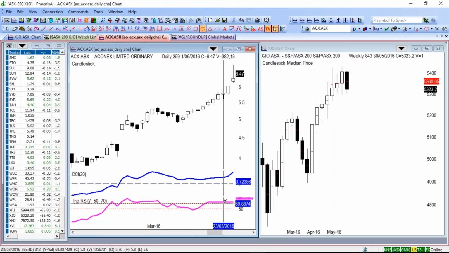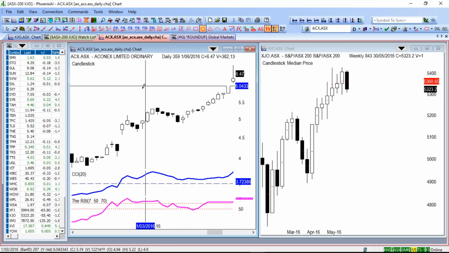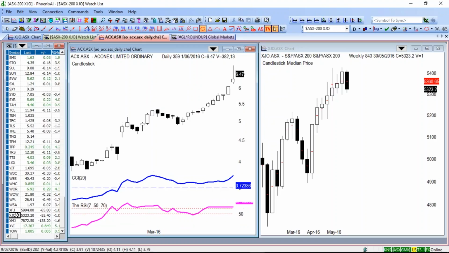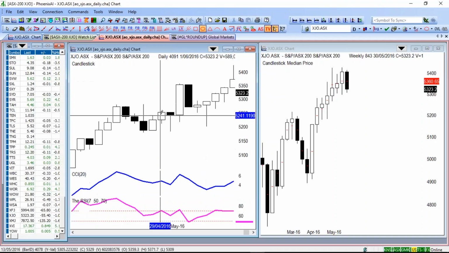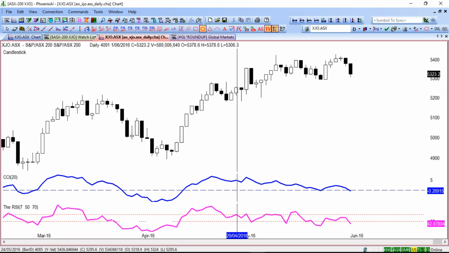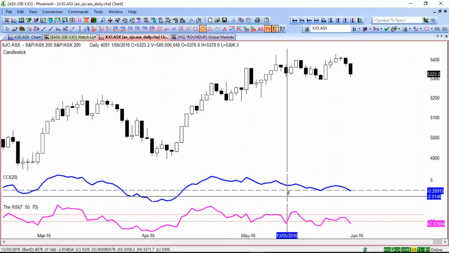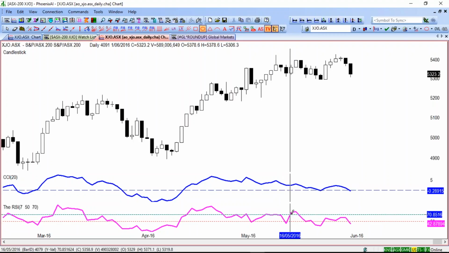Someone emailed me the other day and said there was one in the XJO on the daily chart. We'll see if this is true. To be honest, I haven't looked at it before. Let's get it out. RSI here.